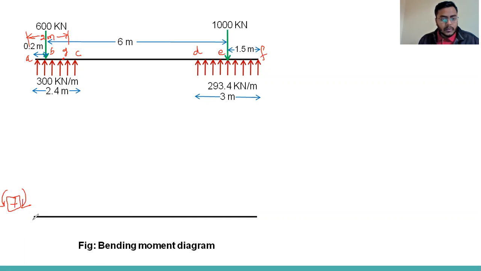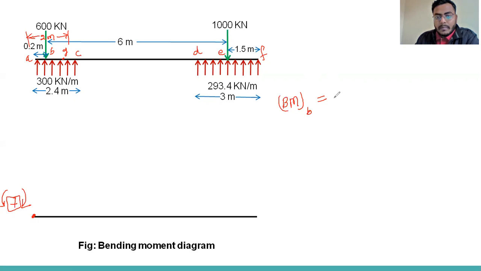Now, so bending moment at a point A will be 0. So we can calculate the bending moment at a point B. So you can see this is the upward forces acting here. So the moment will count anti-clockwise, sorry, clockwise. So that will be negative.